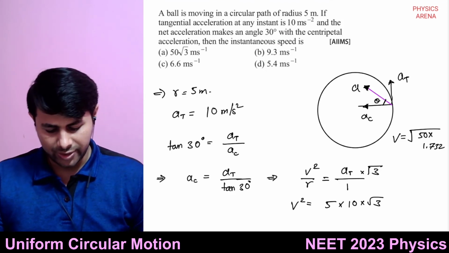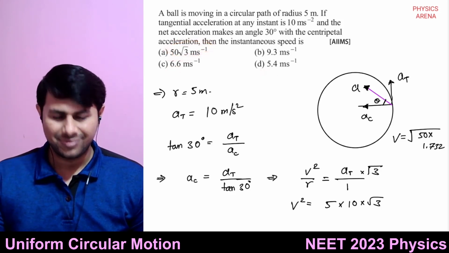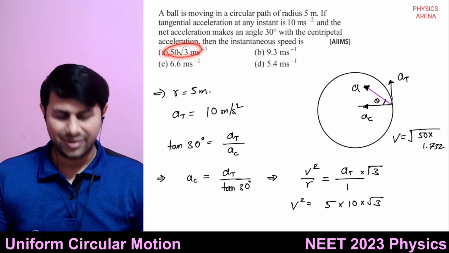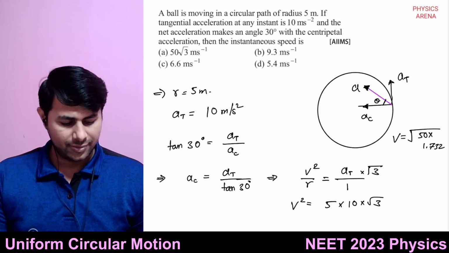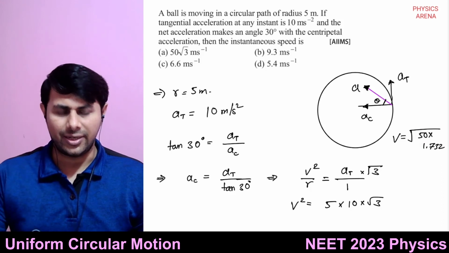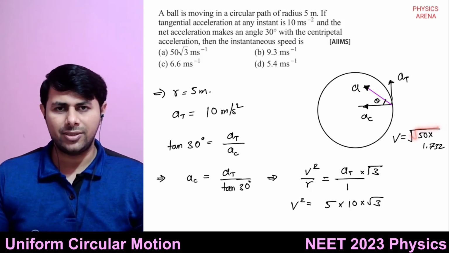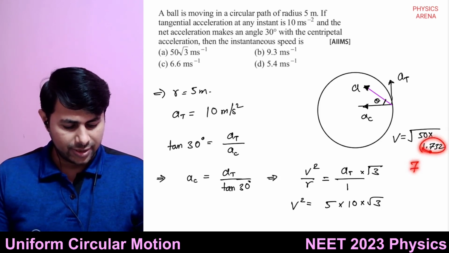Yes, sir, because others are less than 7. This cannot be the answer. This is v square, this is not v, right? This is 50 approximated to 49. Square root of that is how much? 7. 7 multiplied by square root of this.